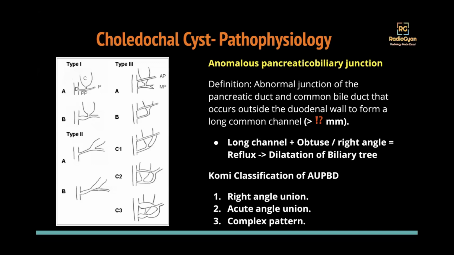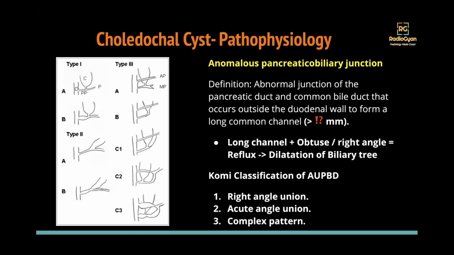Does anybody know the cutoff criteria for the long common channel? After what length of common channel is the pancreaticobiliary junction called abnormal?